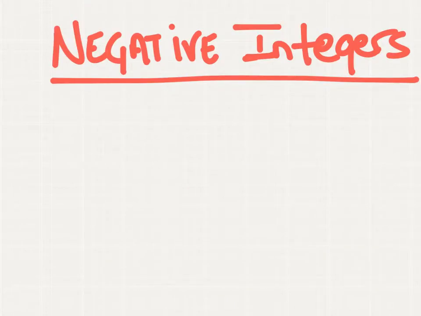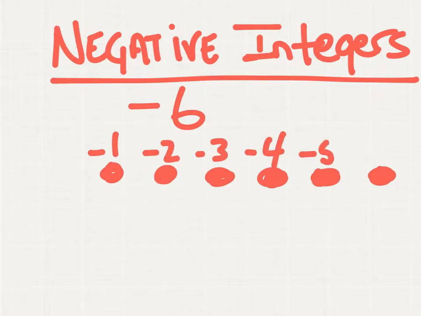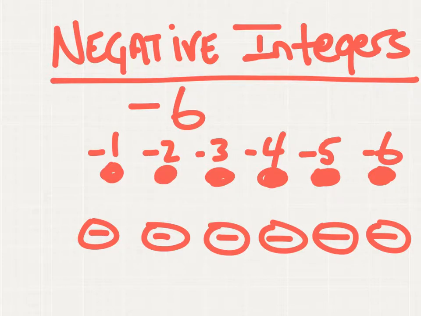When representing negative integers, say for example negative 6, you would normally draw or see 6 red counters, where each counter represented negative 1, so that 6 negative counters would represent negative 6. And of course, as I said earlier, you might instead see or use a negative symbol in a circle to represent the same thing, negative 1, where the total of 6 negative symbols in circles would also represent negative 6.